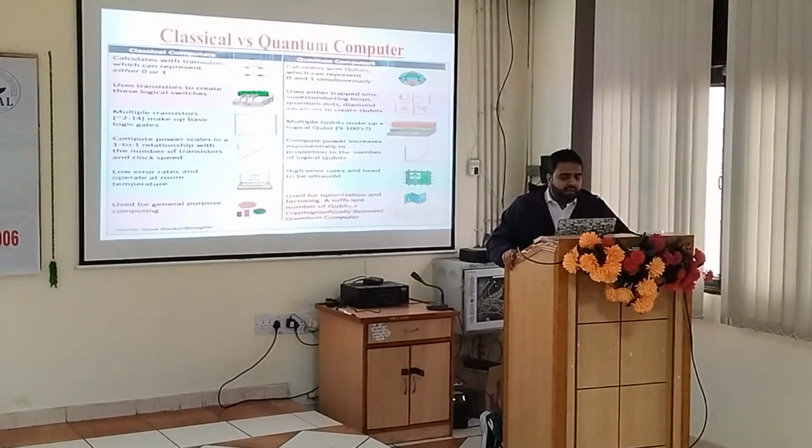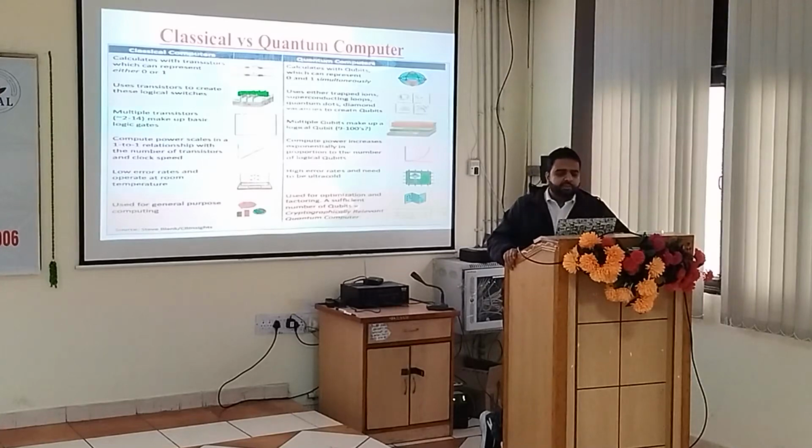Classical computers use transistors to create logical switches. Quantum computers, on the other hand, use trapped ions, superconducting loops, quantum dots, and diamond vacancies to create qubits. So again, how the qubits are created and used is different compared to classical computers. Then multiple transistors make up the basic logic gates, and multiple qubits make up the logical qubits.